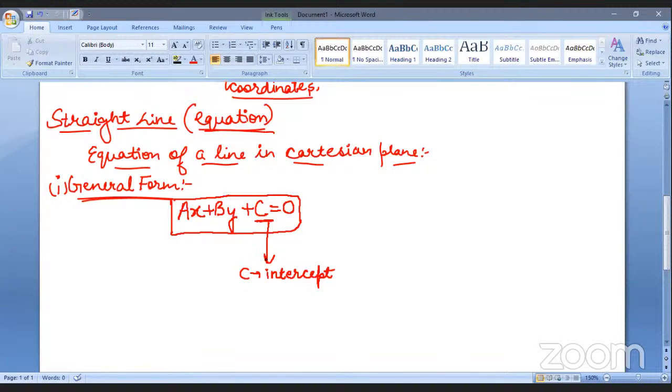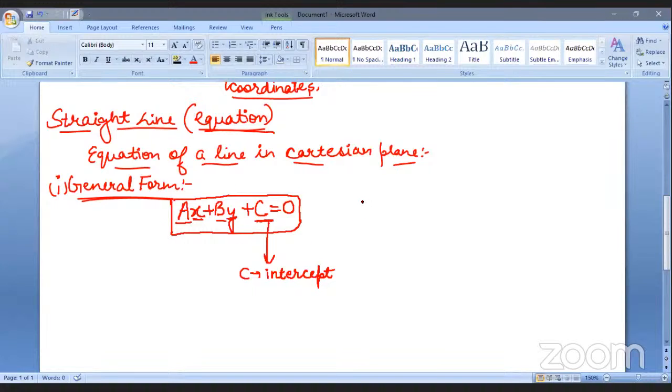The x and y denote the coordinates of a point on the line: some x coordinate and some y coordinate. And a and b are the coefficients of these two: a is the coefficient of the x coordinate, and b is the coefficient of the y coordinate. So basically this is the general form.